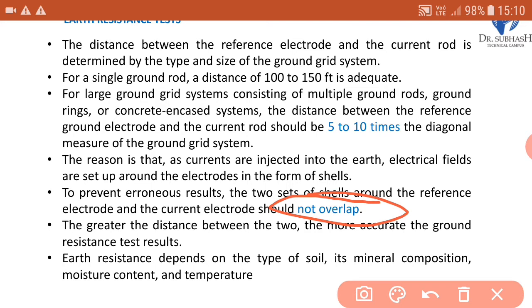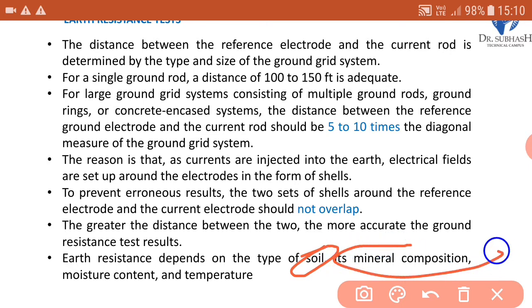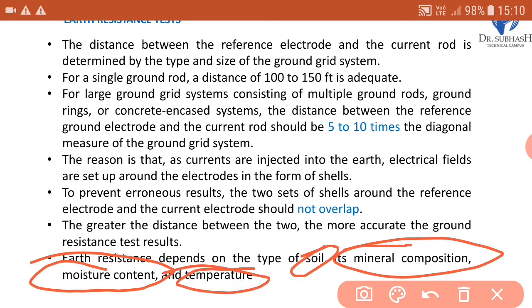The greater the distance between the two, the more accurate the ground resistance test results. It means the greater the distance between the two, the more accurate the result will be. Earth resistance depends on the type of soil, its mineral composition, its moisture content and temperature. So all these parameters affect the earth resistance.